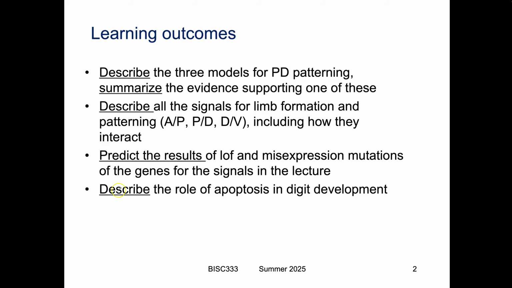These are the learning outcomes, which I will go over in the class. There's a number of signals that we're going to go through over the course of all the prep material. And so the key for being able to describe the signals is, first of all, knowing which affects which, but also how they intersect, because there is some interaction.